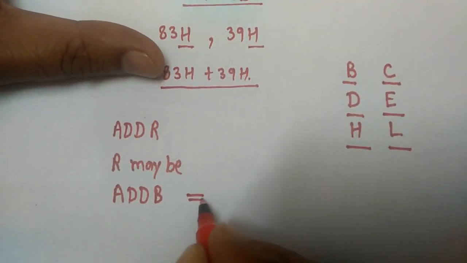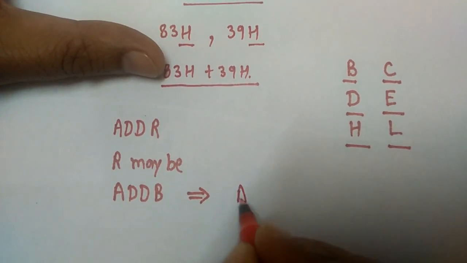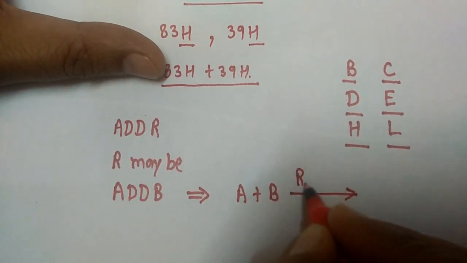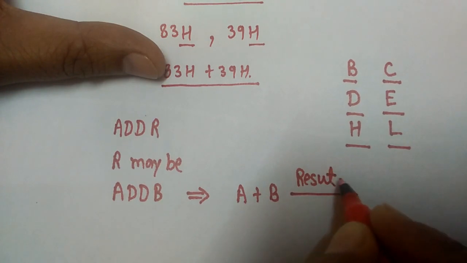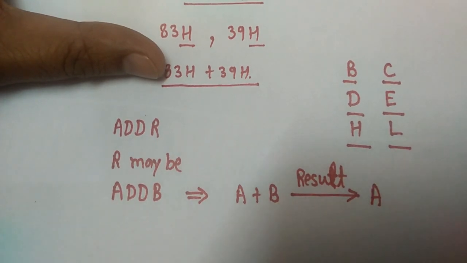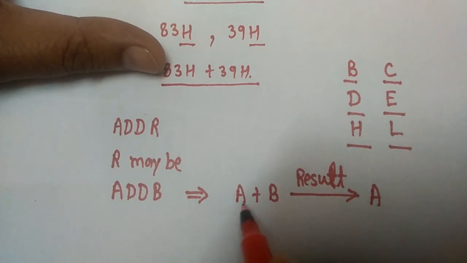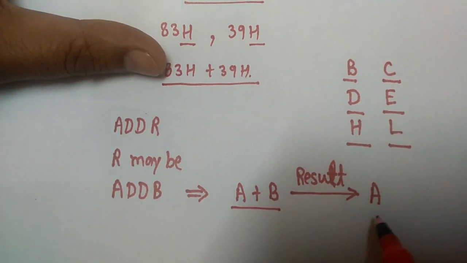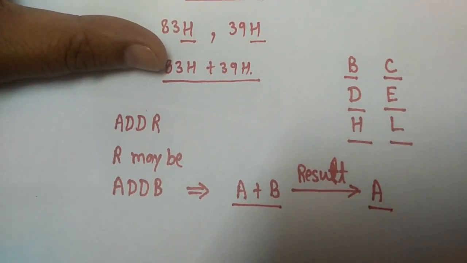It means the processor will perform the content of accumulator plus the content of register B, and the result will be stored again in the accumulator. So don't be confused: whatever value is in the accumulator will be added to the content of B, and the overall result will be stored again in the accumulator.